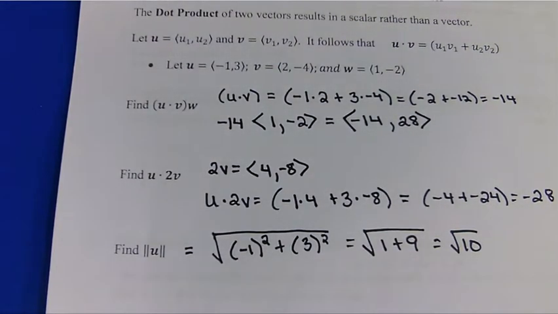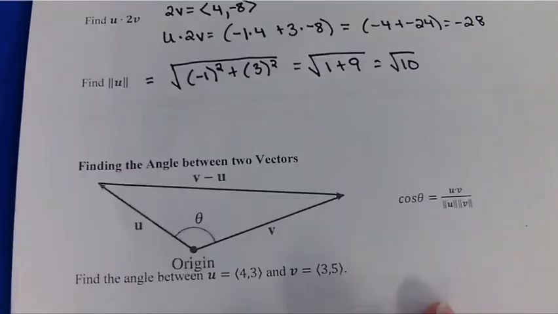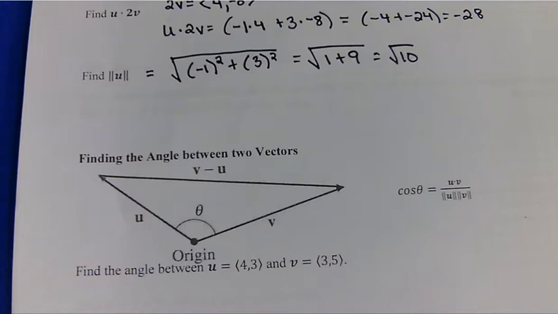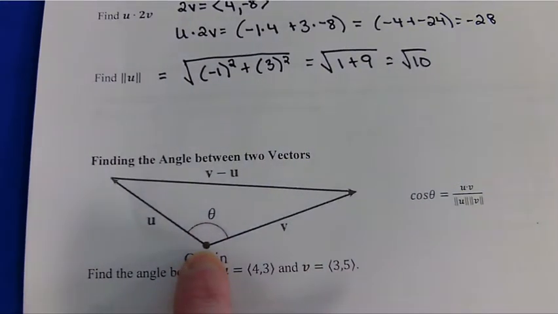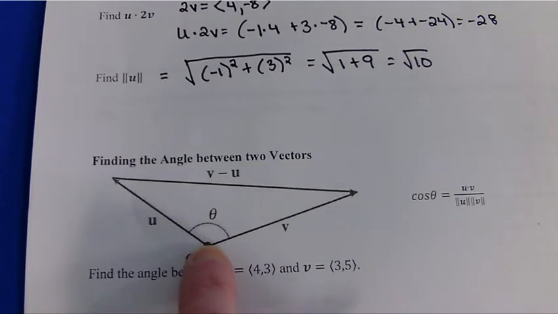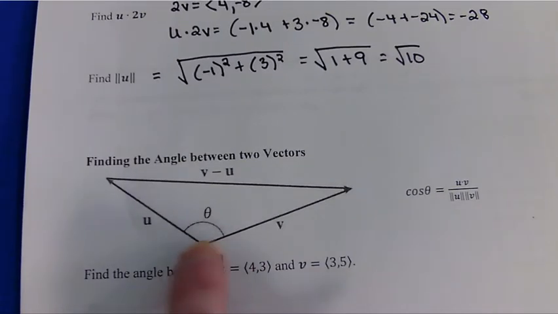We'll need that here in a little bit, because the main thing that dot products are good for is finding the angle between two vectors. So let's say we have vector u and vector v, and both their starting points are at the same place.